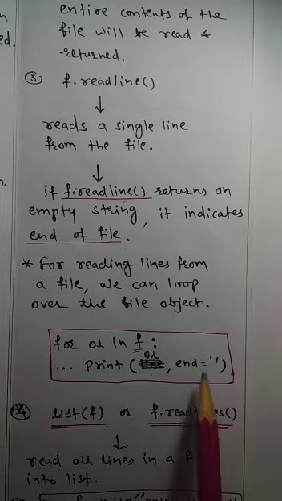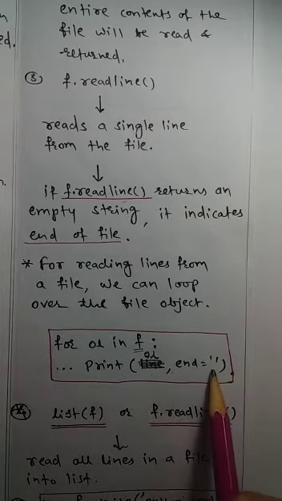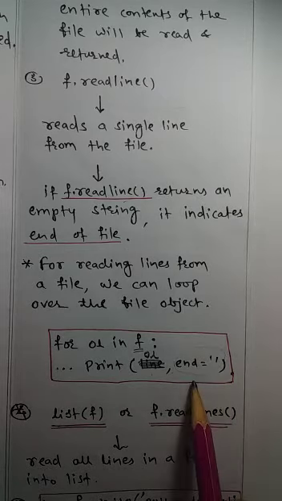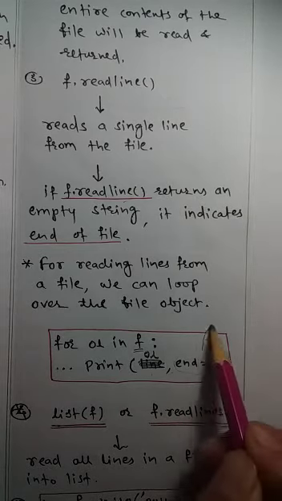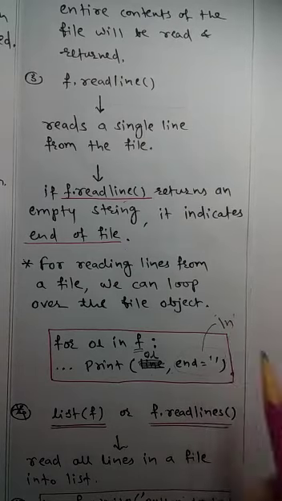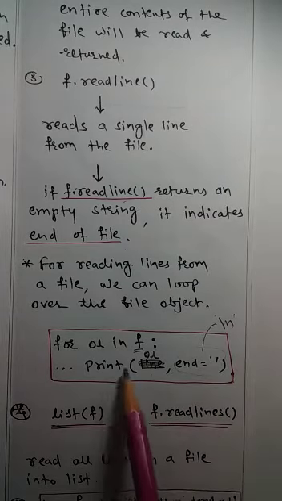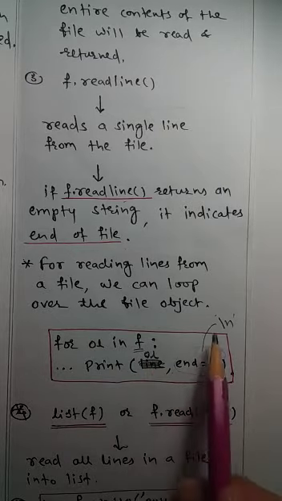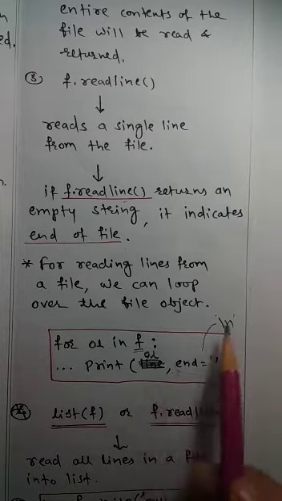Here a space. Why are we writing a space here? Because if you do not write end equal to space, by default it is a new line character. But when you are reading a line from the file, then the line itself contains backslash n at the end, that is the new line character.